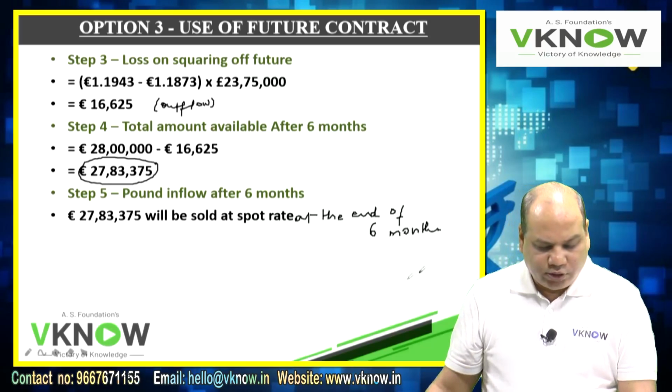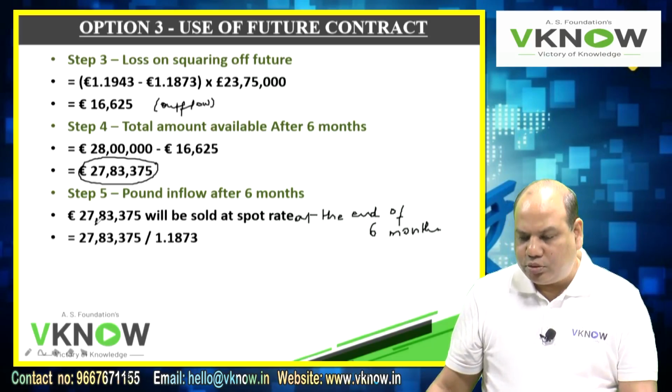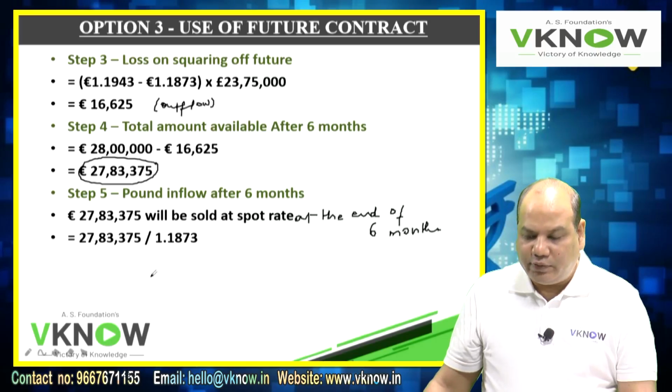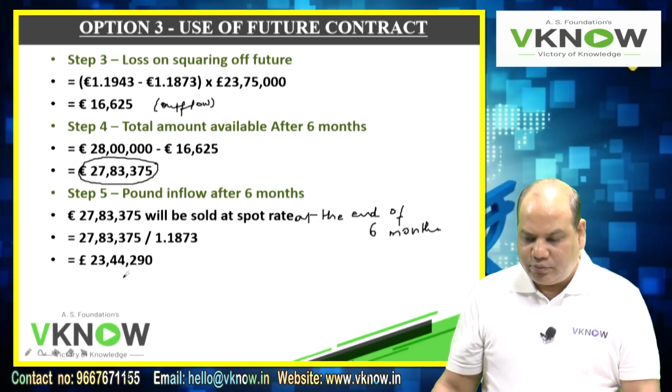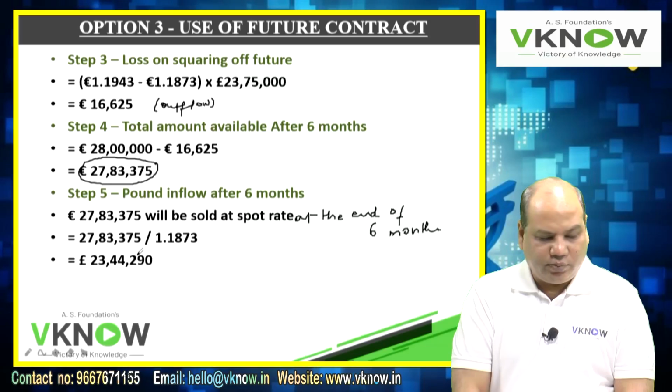At the end of 6 months, the spot rate is 1.1873 euro per pound. This is euro, rate is per pound. We will divide. The answer is 2344 290 pound.